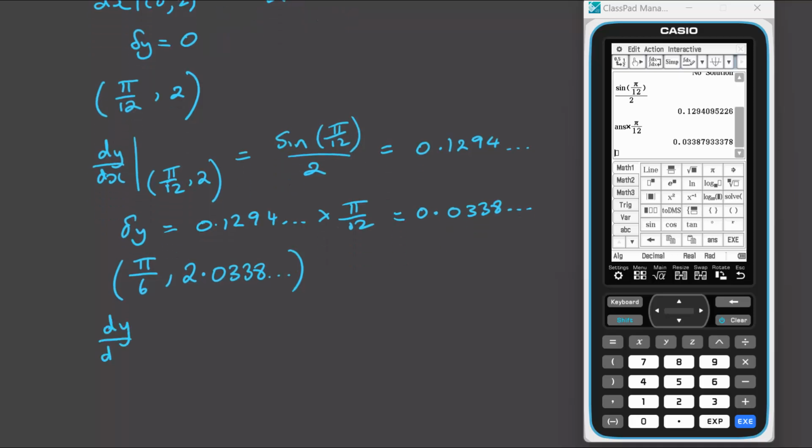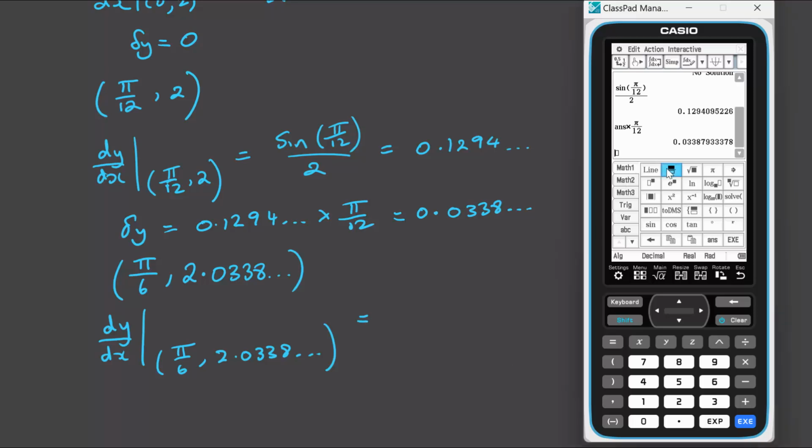We're going to do dy/dx now, evaluated at pi by 6, 2.0338 and so on. And let's see what that gives us.